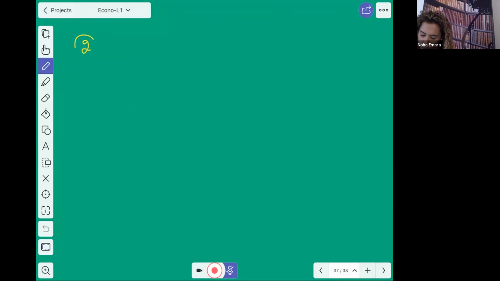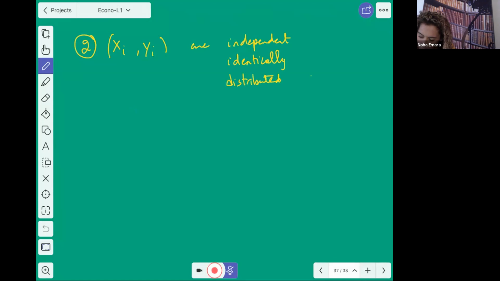Number 2 is that xi and yi, this set of x's and y's, are independent, identically distributed, and this is what we abbreviate as IID.